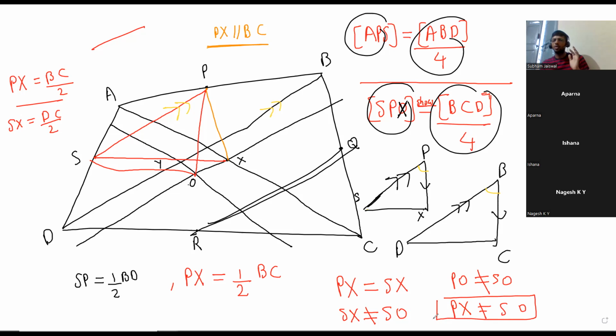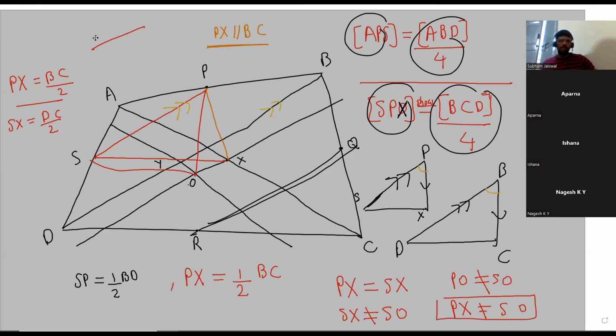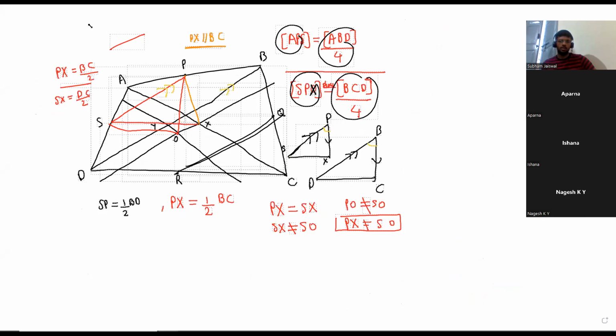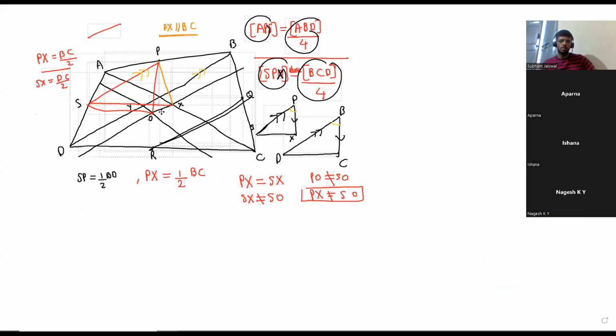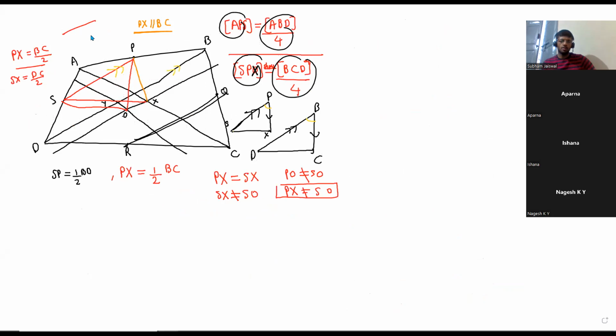Now let me zoom out a little bit and say why this is useful. We have a trapezium where the sides are not the same, meaning PX is not equal to SO.